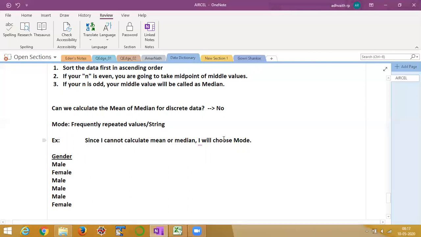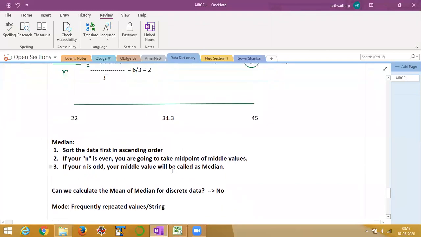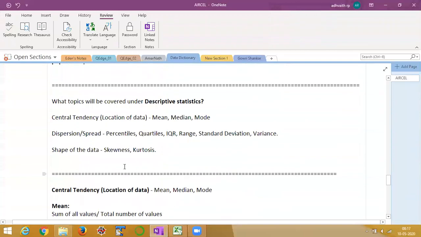So I am saying that mostly the people are male. It does not mean that female is not there. Female is there, but with less strength. Clear, guys? Hope you are understanding the calculations of mean, median, and mode in central tendency, the location of the data.